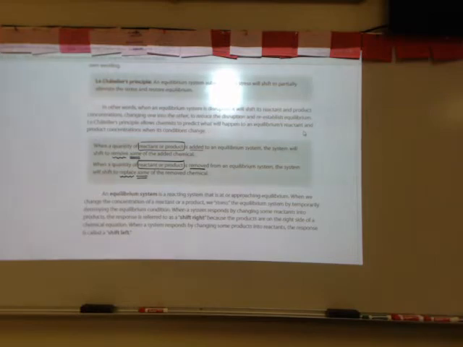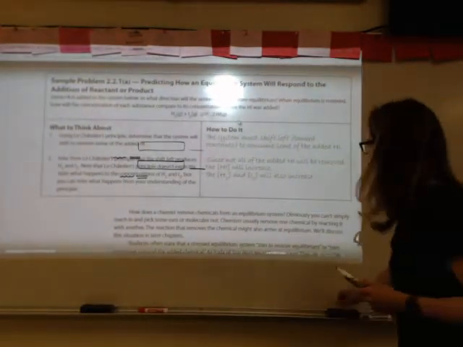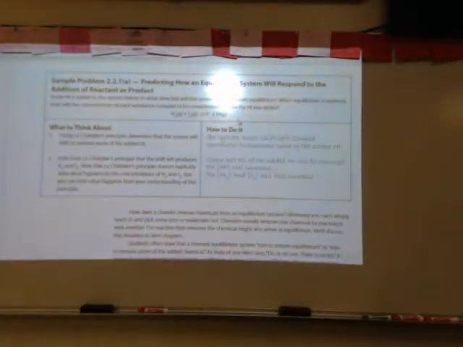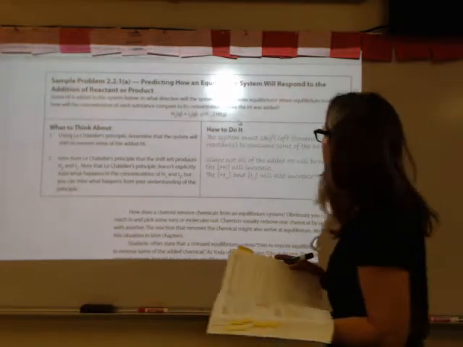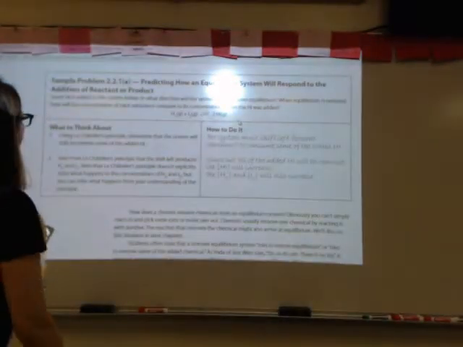Okay, so let's take a look at the next page at a sample problem. So here we have a system at equilibrium. It is hydrogen and iodine as reactants combining to make hydrogen iodide.